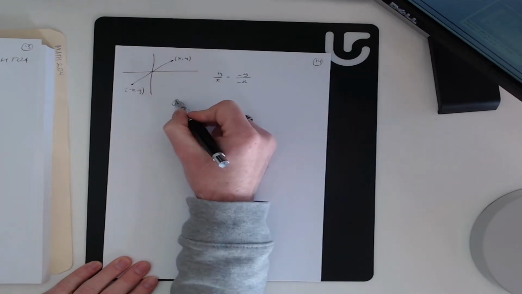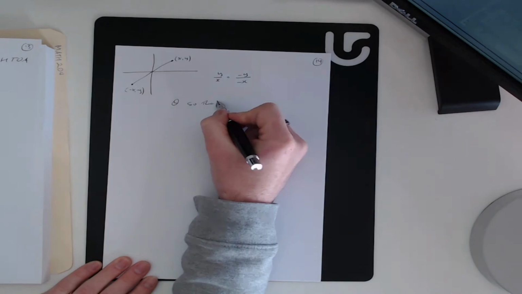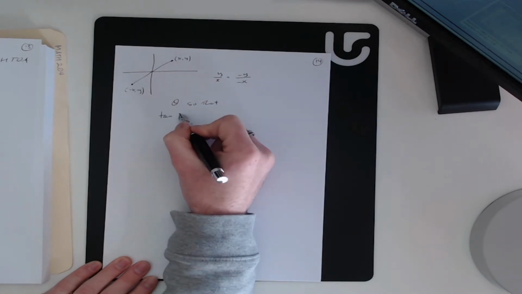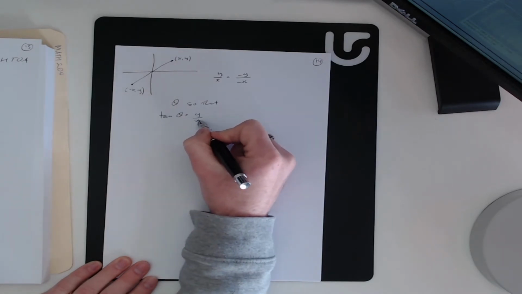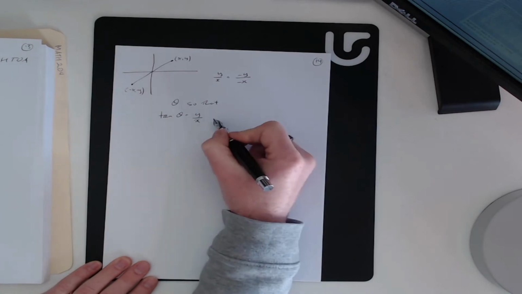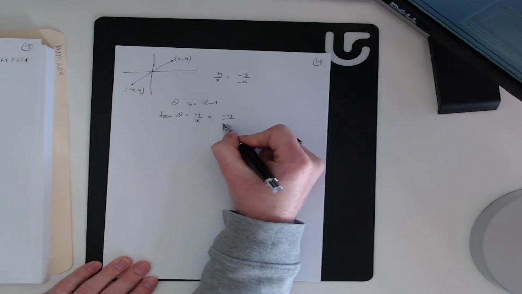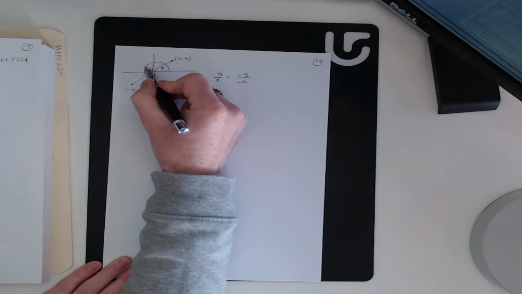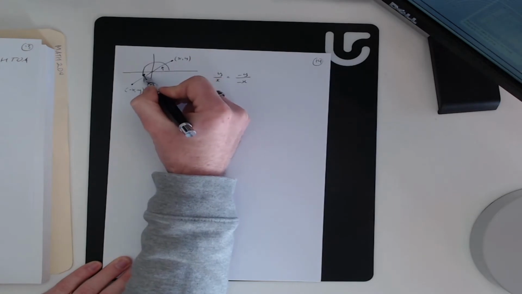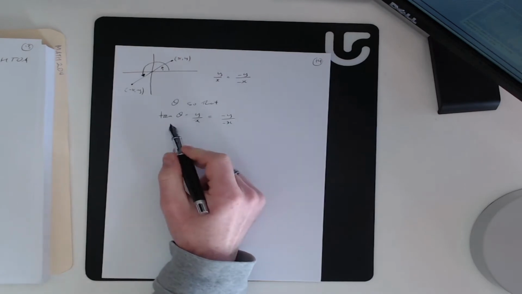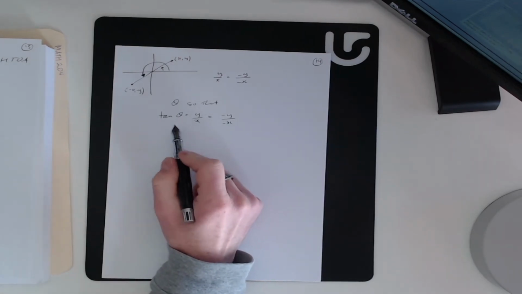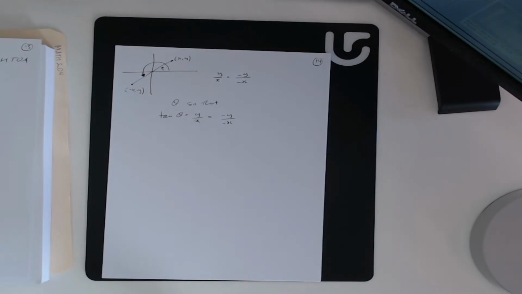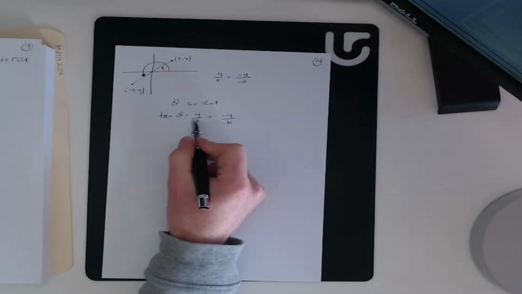So if we have theta so that tan of theta equals y over x, then this happens to also be equal to minus y over minus x. And we know that we have two different angles and that they differ by pi. And it turns out that solutions of tan theta will differ by pi. So you can't take an immediate inverse of this equation.